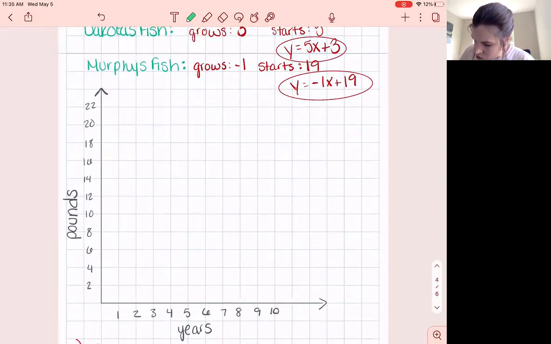I scaled by 2s, so starts at 3. Then plus 5, at 1 year it'll be at 8. Plus 5, 2 years will be at 12, let me see, 13.